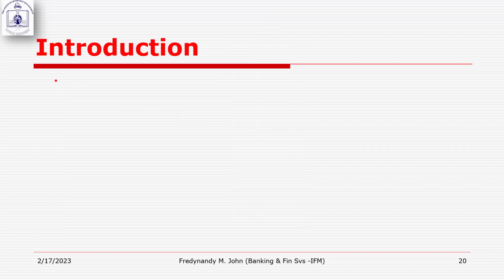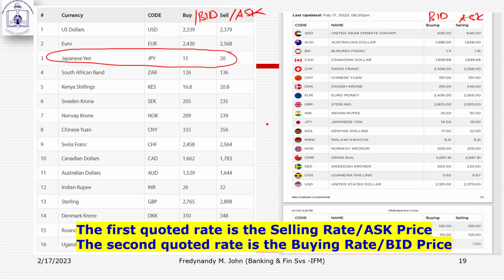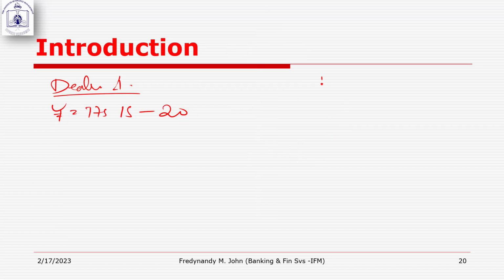Dealer 1 has given the following quote: Japanese yen equals TZS 15.20, whereas dealer 2 has provided the following quotation: 1 Japanese yen equals Tanzanian shillings 14.19. Buying, selling, or bid, ask.